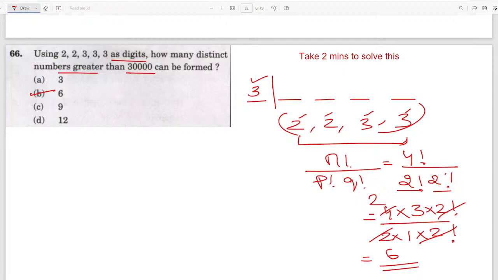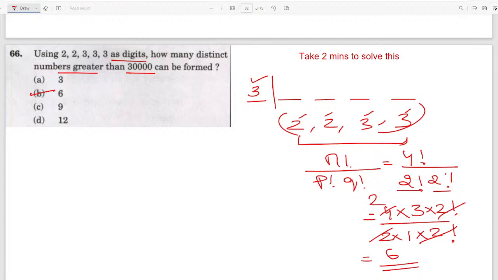And please solve more questions. We have solved 7 questions today, which is clearly not sufficient. You have to solve at least 20 to 30 questions in a day. It is at least 1 hour of problem solving, where you take 2 to 3 minutes to solve a question. In the CSAT also, in the first hour, I would suggest you solve at least 20 to 25 questions.